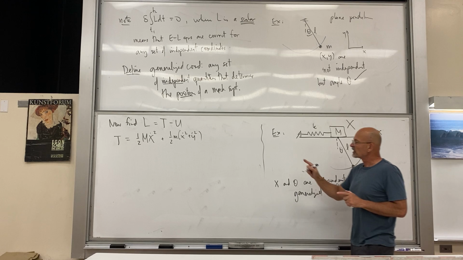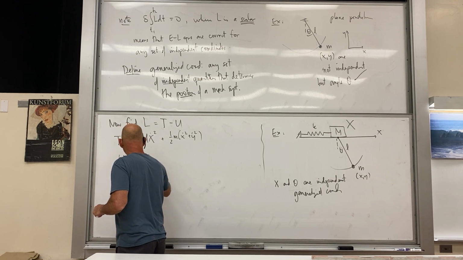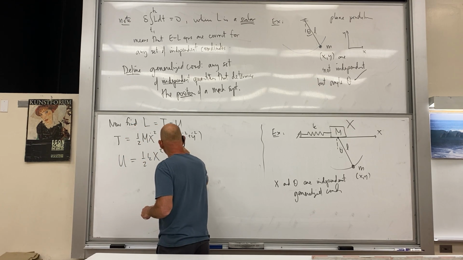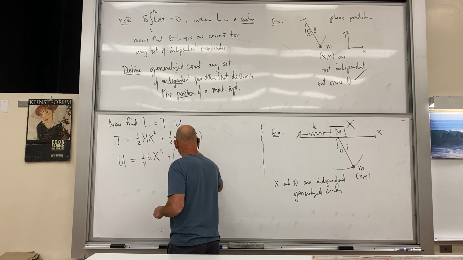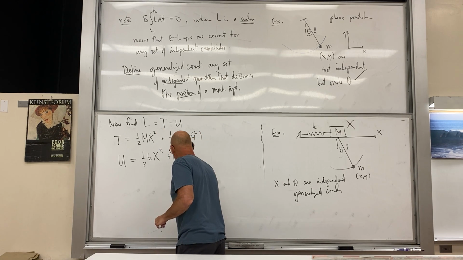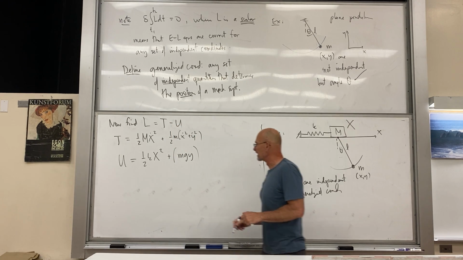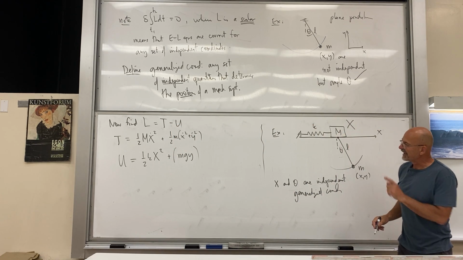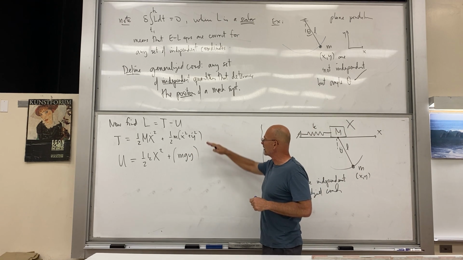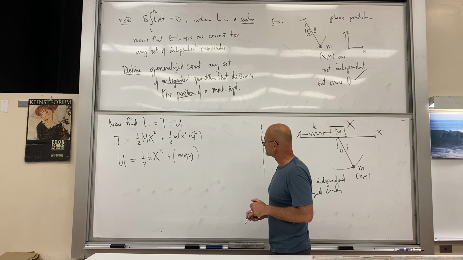But this could not go into the Lagrangian in this form. Potential energy, we could say, is 1/2 k capital X squared plus mgy. Okay. But again, T minus U here would not be a Lagrangian. This is what we start with to construct it.